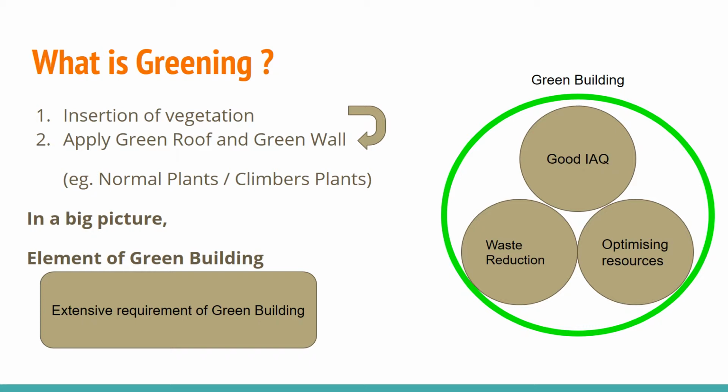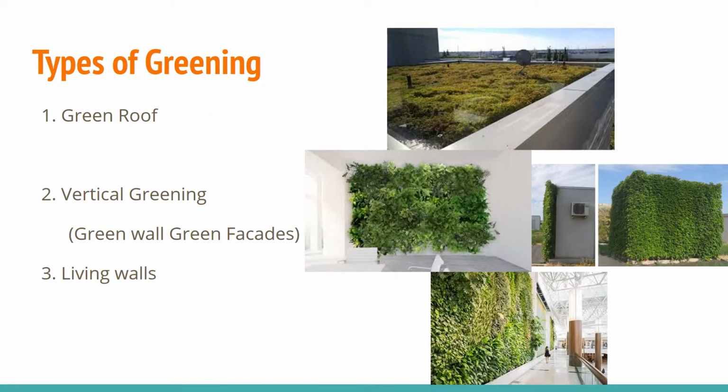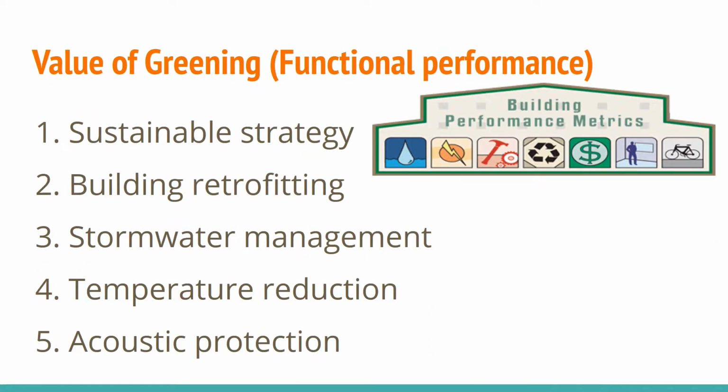In the big picture, greening is also an extensive requirement of a green building to achieve good IAQ and to optimize resources. There are several types of greening, for example, green roof, vertical greening, and living wall, and this will be further explained by my groupmate.